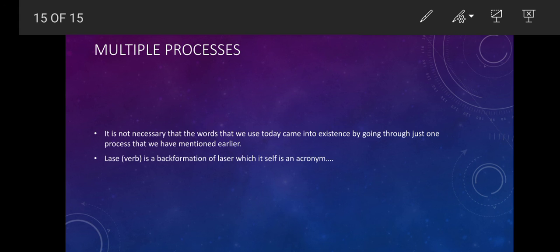So similarly, we got the word laze. It went through many processes. First of all, acronym, then that acronym being used as a noun, and then that noun went through the process of back formation, and we got a new word with a new grammatical class, that is laze, a verb. So that's all, we have finished this chapter.